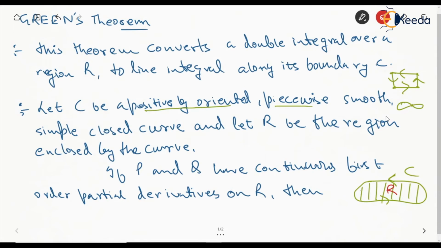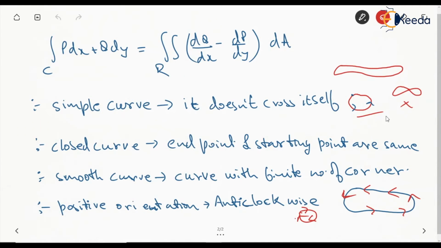If P and Q have continuous first order partial derivatives, obviously because we have to find the partial derivatives, then this is the line integral over the path C for P dx and Q dy, which can be converted to a double integral over the region R, and the integrand is changed to dQ by dx minus dP by dy. So it is dA, right?